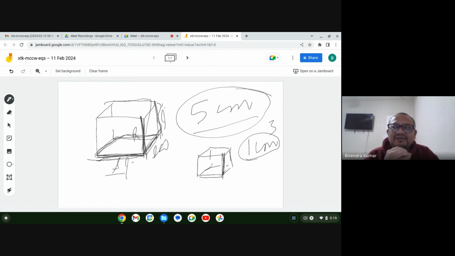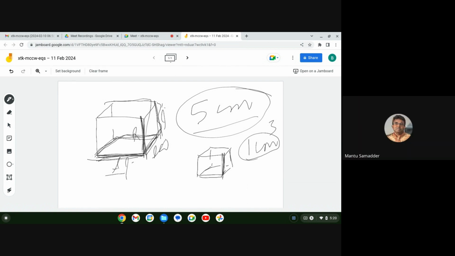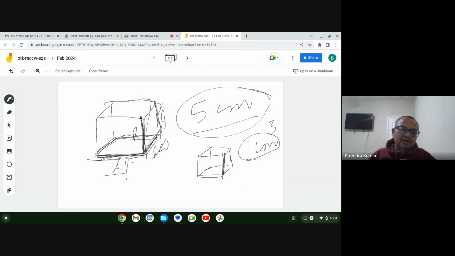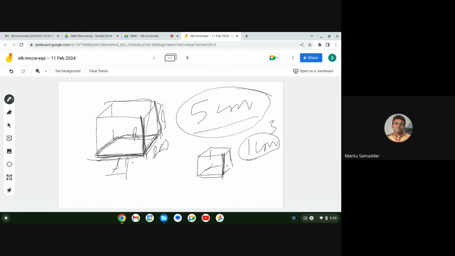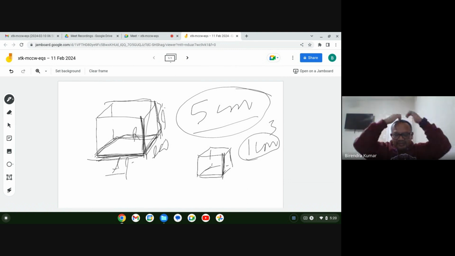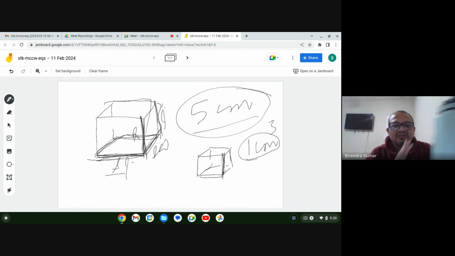When we talk about surface area, let's say I want to paint this room. I don't like the color of this room. What would I color? The surface area of the room or the volume of the room? Surface area. So that is how we have to relate. Surface area means the area on the surface.